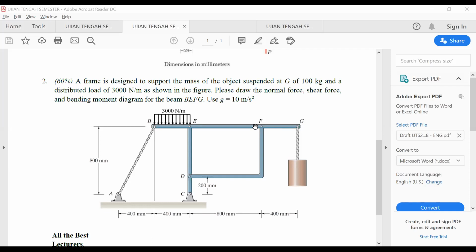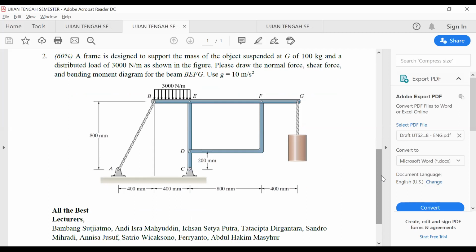After you solve that, you will be able to solve for the diagram by doing 3 cuts. The first cut is between B and E. The second cut is between E and F. And the last cut is between F and G. But you can't do that before you solve for the external forces. Now, how can we solve for these external forces?